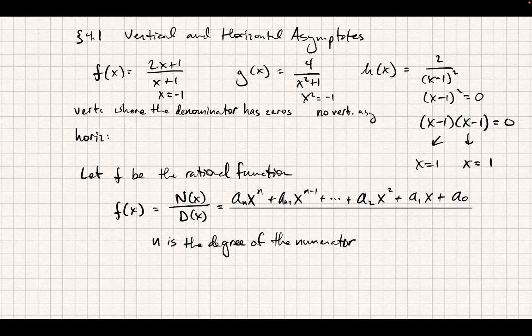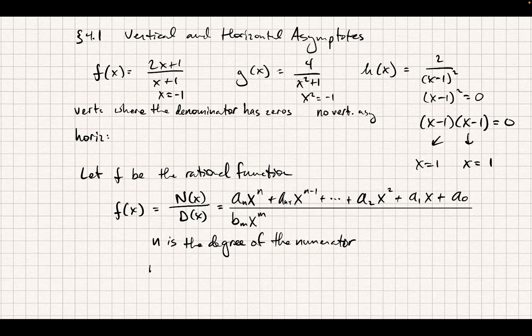And then I need different letters now to make a general form polynomial for the denominator. So let's use b now. b sub m x to the m. It's still x, so the denominator is a function of x. So x to the m.